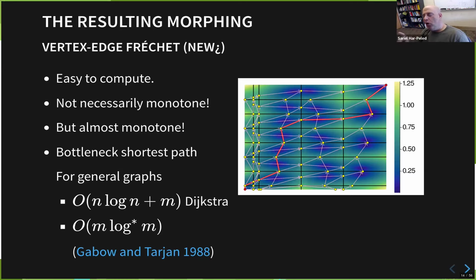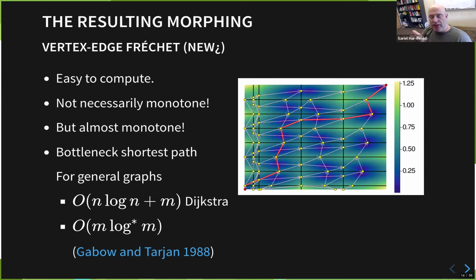So it might go back and forth, but when it goes back and forth, it's always a situation where you move forward in one of the curves and you move back and forth inside an edge of the other curve, right? You zigzag either inside a column or a row of the diagram. So it's almost monotone. And we have to solve this bottleneck shortest path problem.